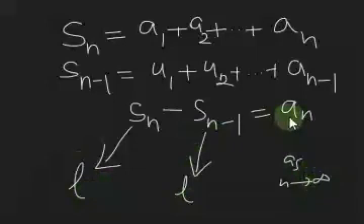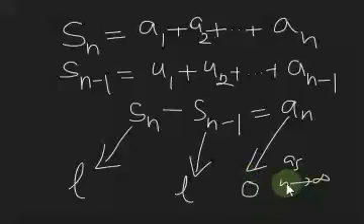Then what happens to the difference? It becomes very small as n tends to infinity. That means the magnitude of the nth term a sub n becomes very small. That means a sub n goes to 0 as n tends to infinity, right?